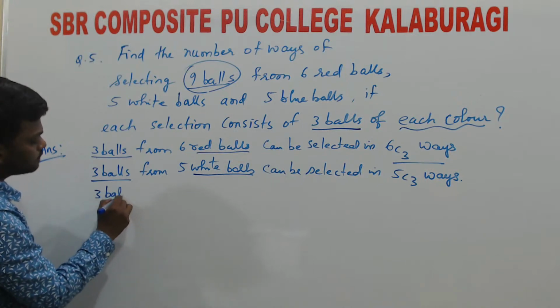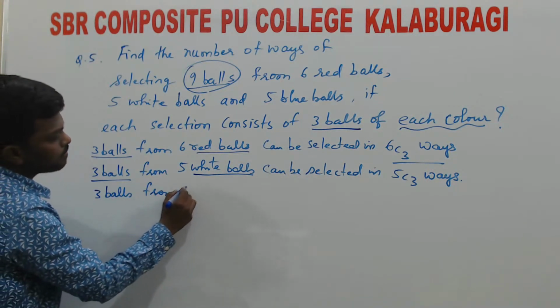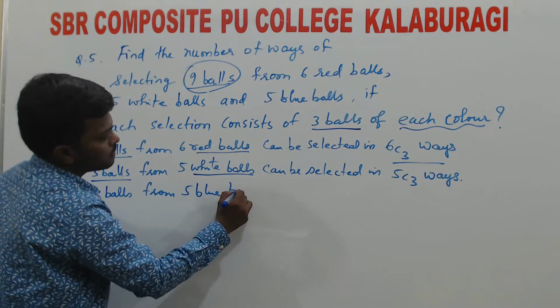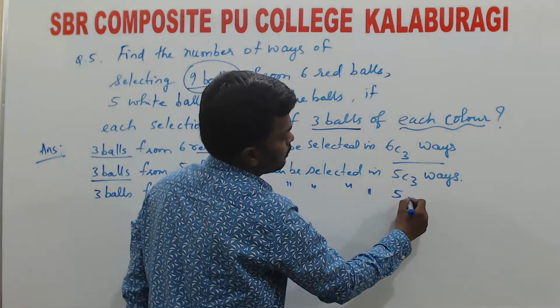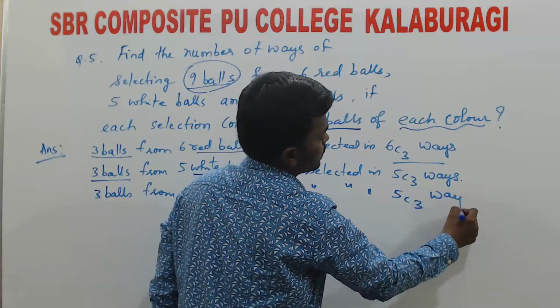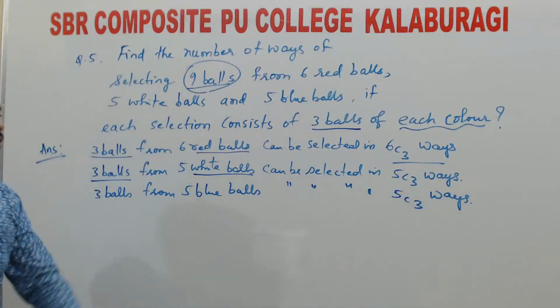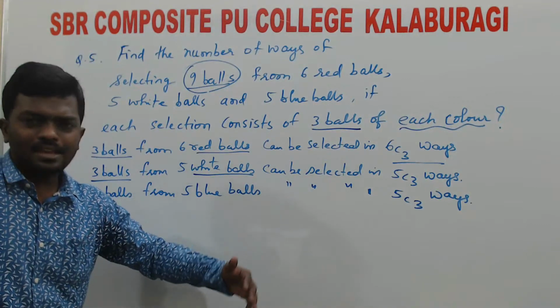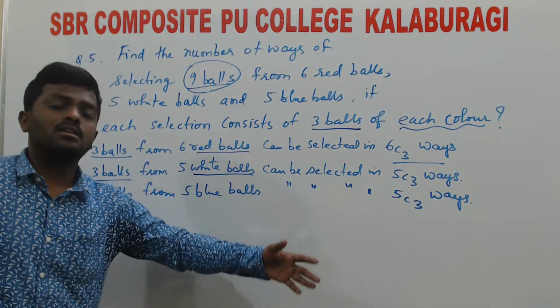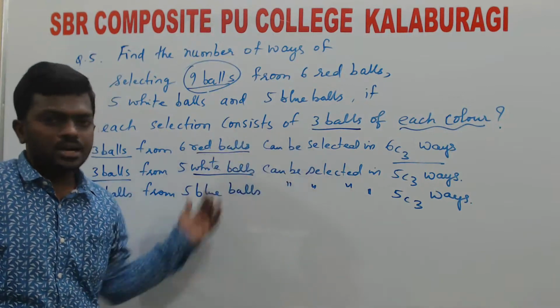So 3 balls from 5 blue balls can be selected in 5C3 ways. Okay, so now you understood it's nothing but a multiplication principle, right? First you pick any color, then the other one and the other one, then only the work is completed.